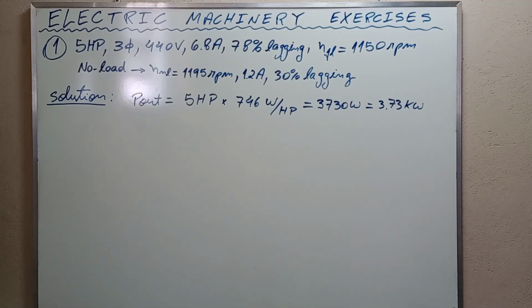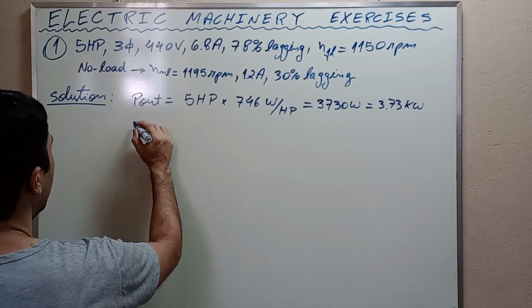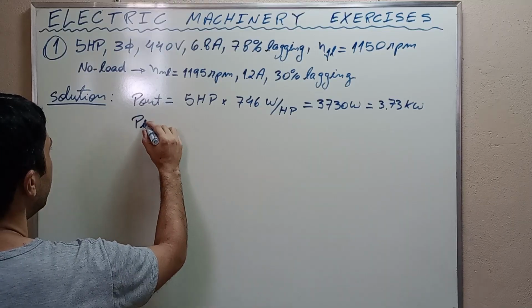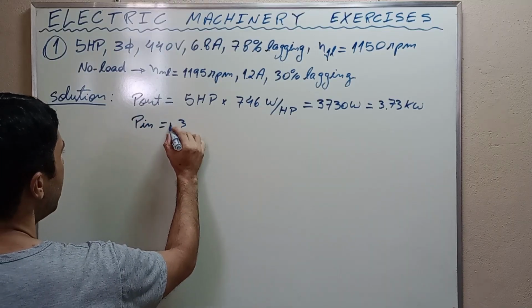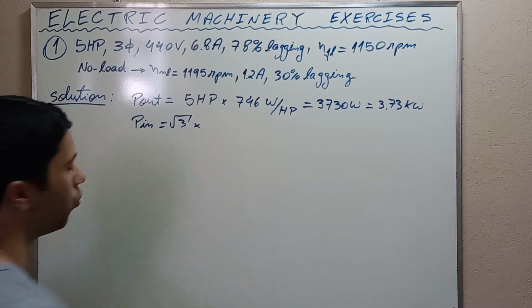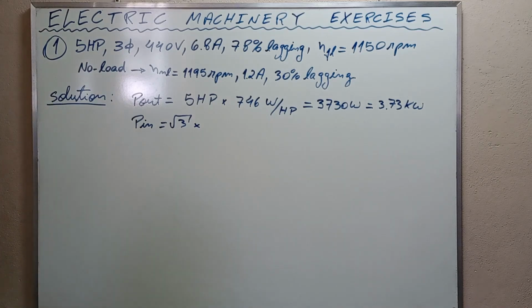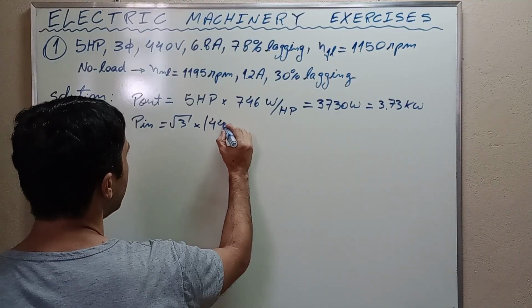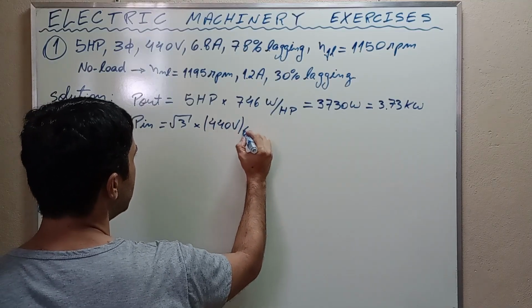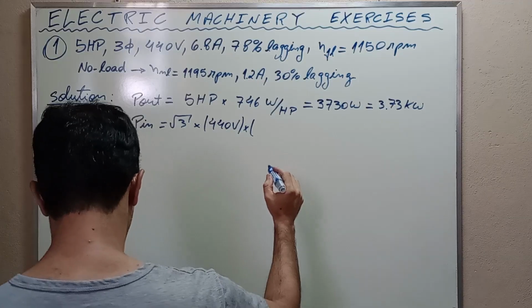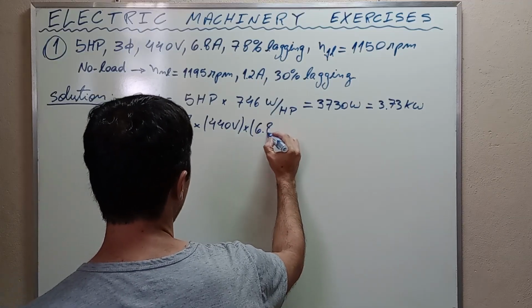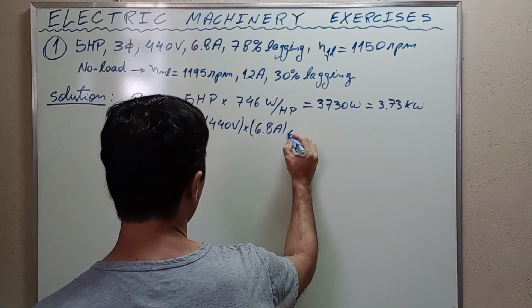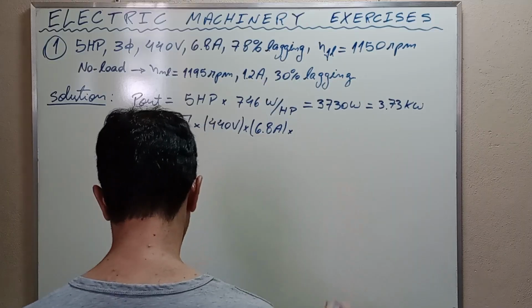Then the input power is equal to the square root of 3, because we are working with line values, times 440 volts times 6.8 amps times the cosine of the angle.